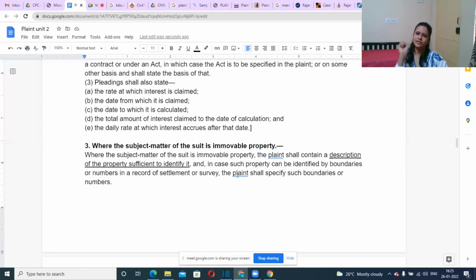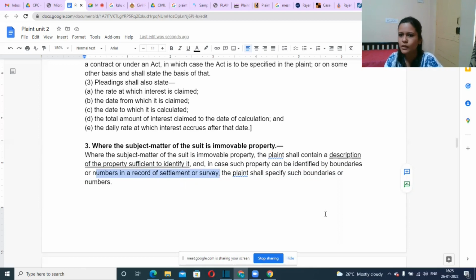So it may mention the survey number, khata number, the area of the property, and what is on its left, right, behind, front, everything will be mentioned. In case it is identified by boundaries or numbers in a record of settlement or survey, whatever the method, accordingly it would happen.